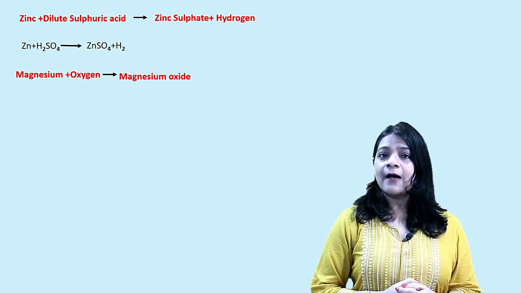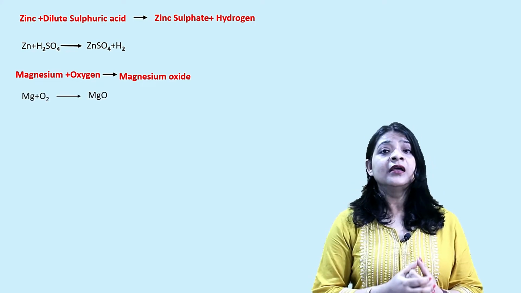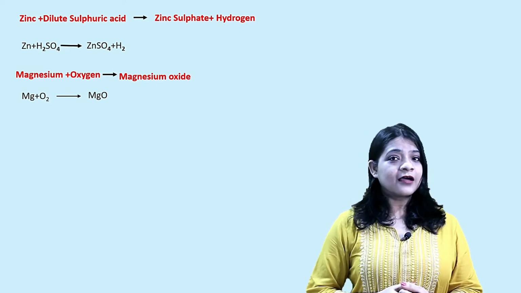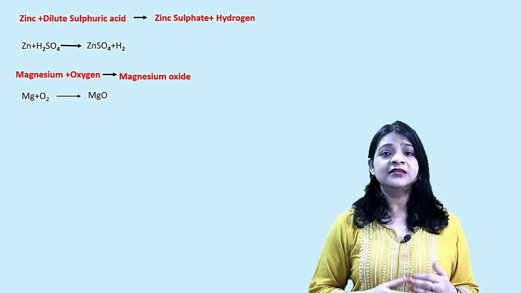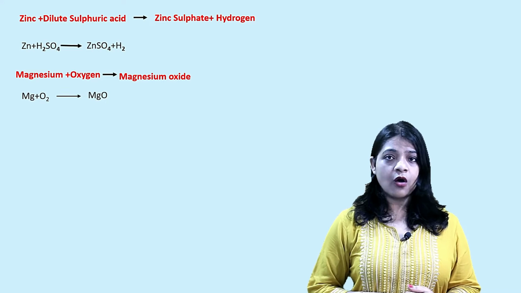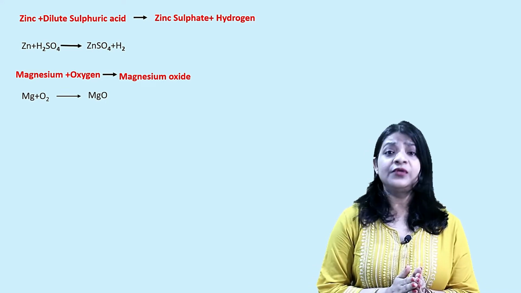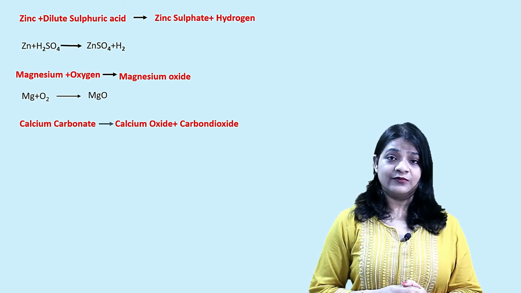Then another example, that is when magnesium ribbon is burnt in oxygen, it gets converted into magnesium oxide. So Mg here stands for magnesium, plus O2 stands for oxygen. So both of them react to give magnesium oxide, that is MgO.